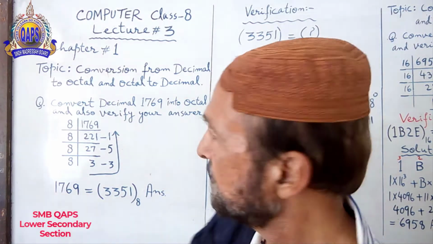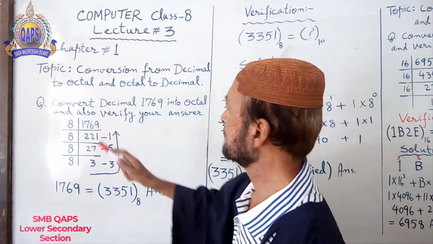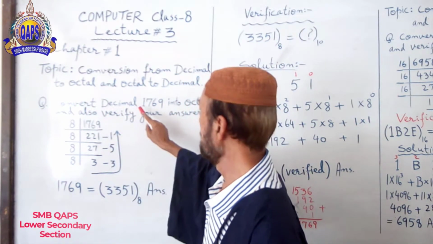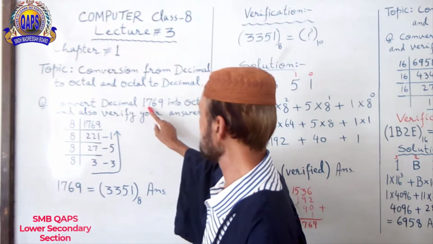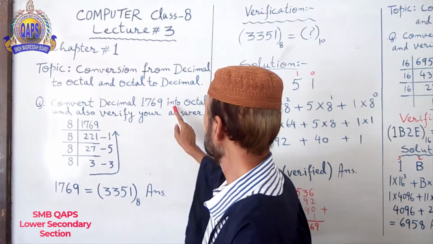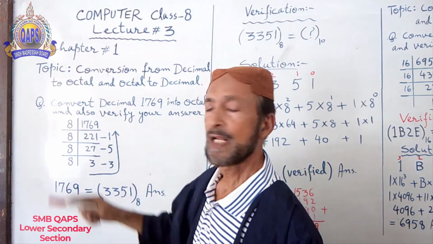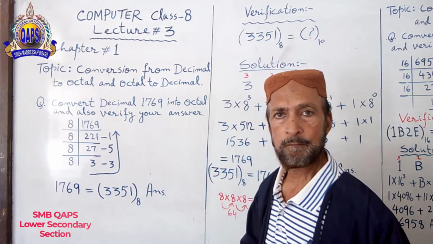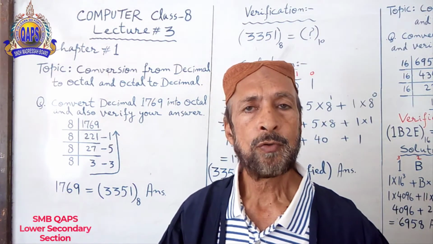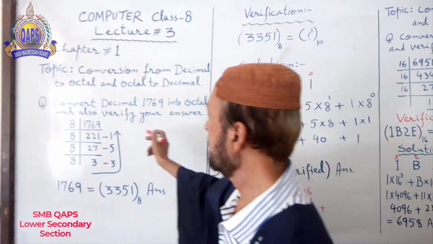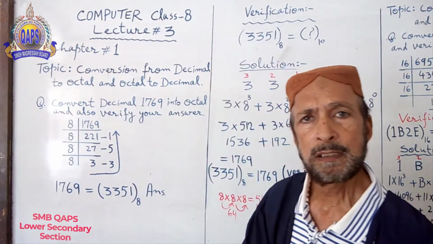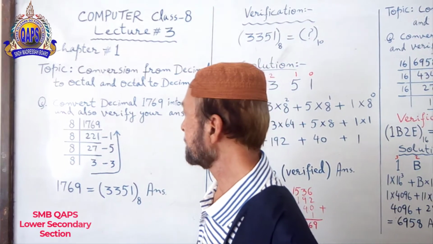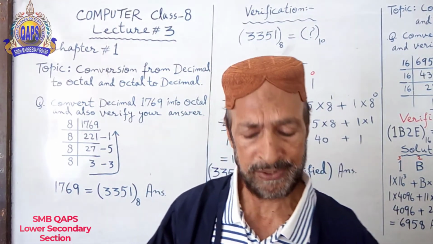Read the question. Convert decimal number 1769 into octal and also verify your answer. So, what we will do? Write the number over here, 1769, and divide it by 8.